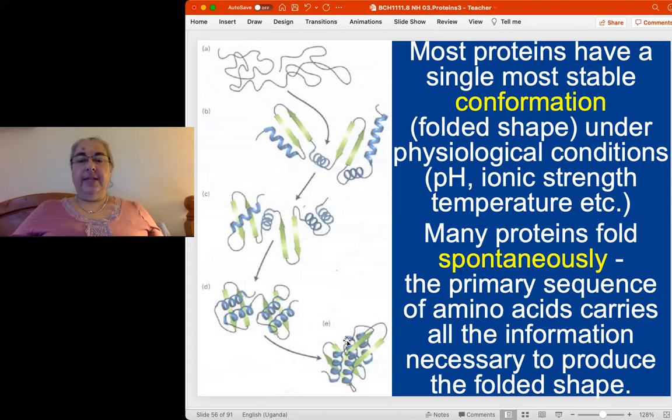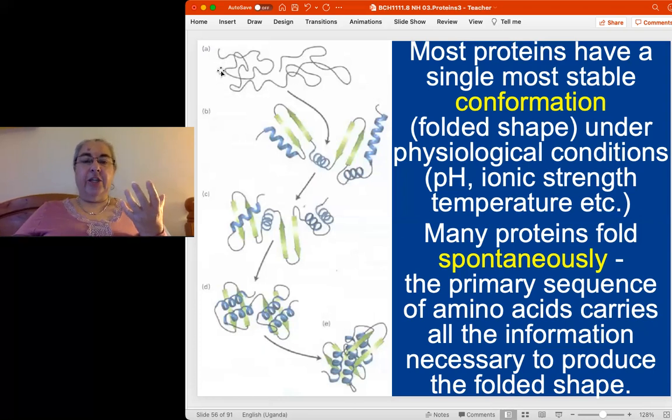Most proteins fold to their stable conformation spontaneously. They do it by themselves. So the sequence of amino acids in the polypeptide chain, the primary sequence of the protein, has all the information that's needed to produce the folded shape.